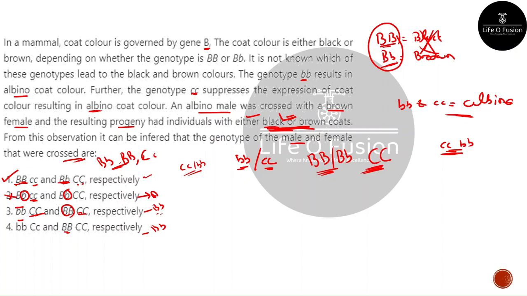Okay, if you cross these 3 and 4, from 3 and 4 you will get only capital B small b. They are saying that the progeny should have capital B small b, capital B and capital C small c. So you have to find those genotypes which you cross, then you will get all these 3 types of genotype. So option 1 is the correct statement.